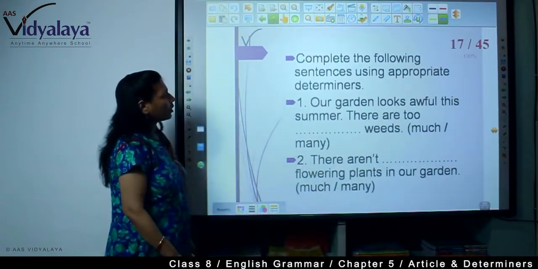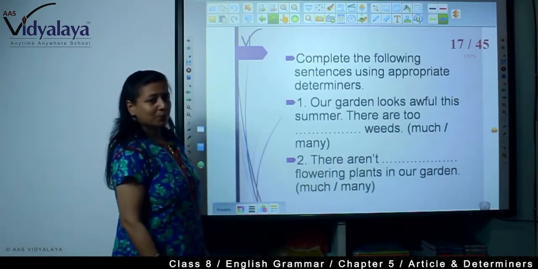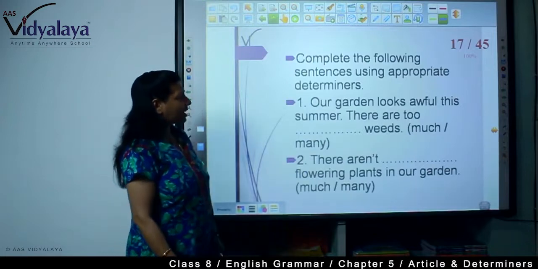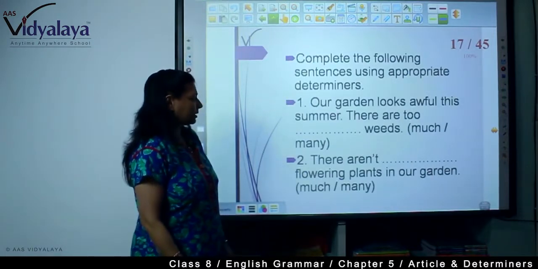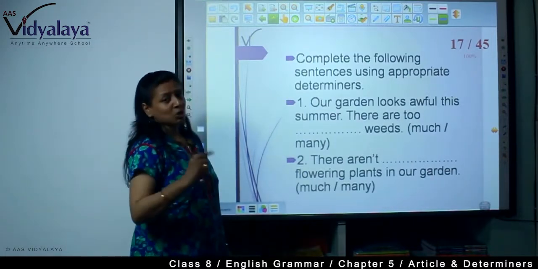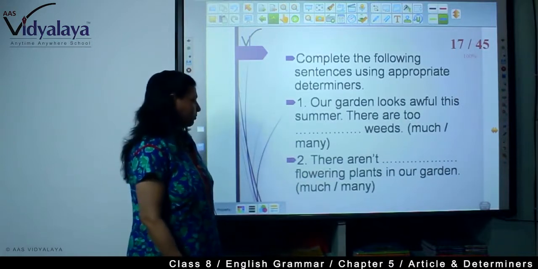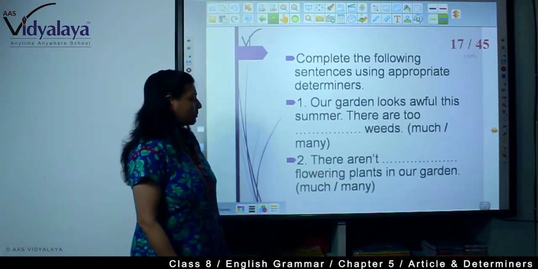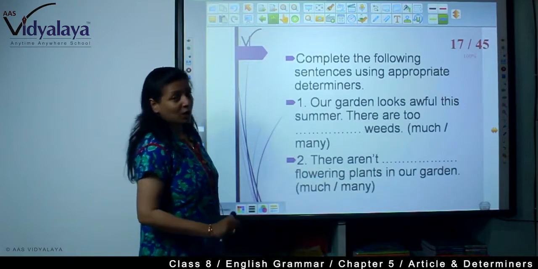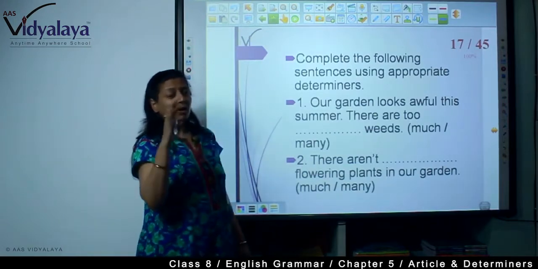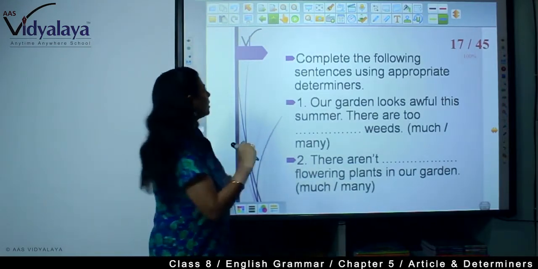Now complete the following sentences using an appropriate determiner. Our garden looks awful this summer. There are too much or many, you need to write. There aren't dash flowering plants in the garden. Much or many? So, many for countable, much for uncountable.